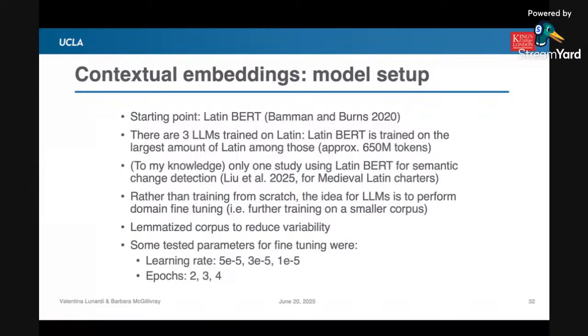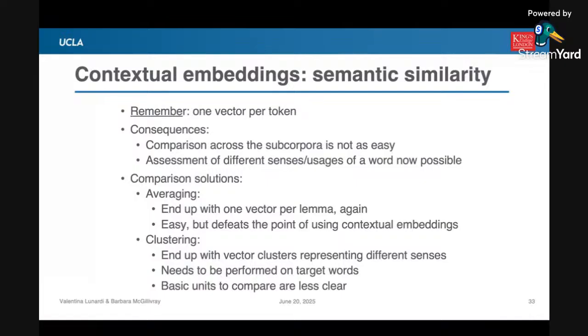So that's what I did: I fine-tuned LatinBERT on the same time slice of Latinized that I told you about, 300 BCE to 600 CE, 6.8 million tokens. Again, I used the lemmatized corpus, and I tested a bunch of different parameters. I wish I had time to test more, but these tests take a really long time because it's not the kind of thing you do on your own computer. You need access to supercomputers, which I do have, but it still takes some time.